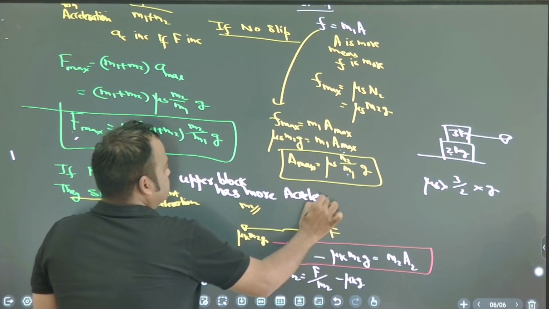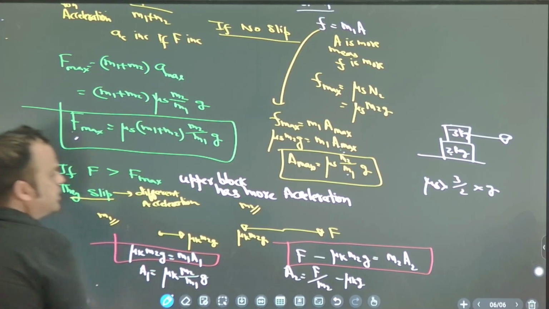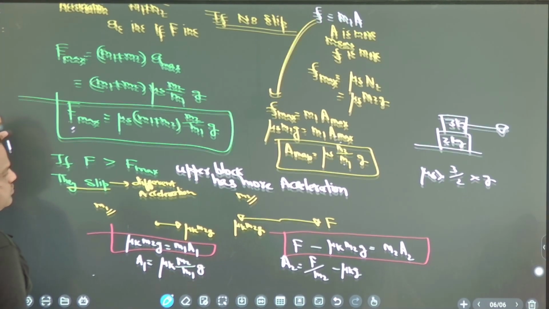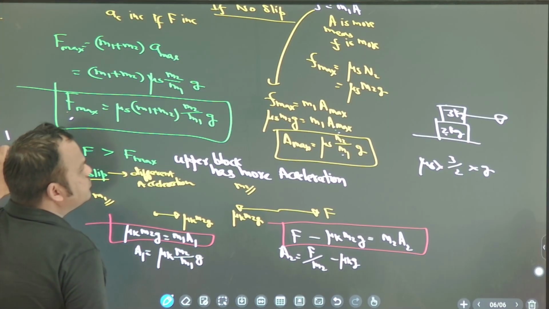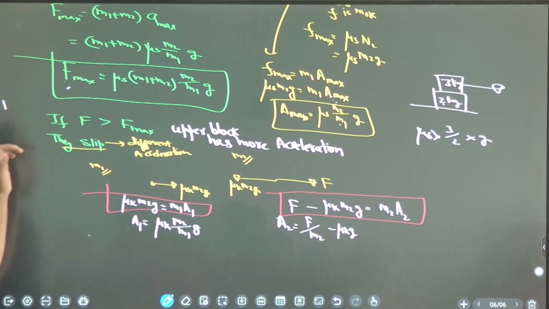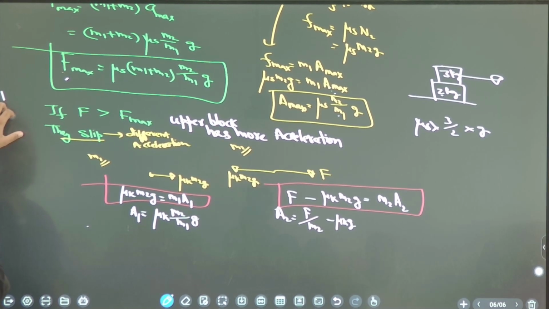In case 1, which has more acceleration? Lower block. In case 1, the lower block has more acceleration.